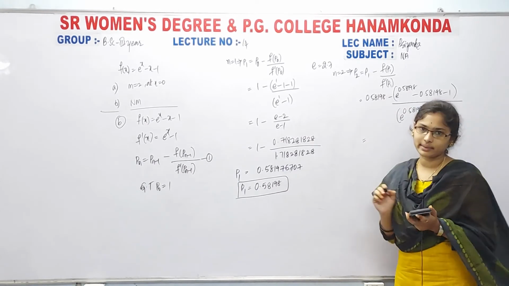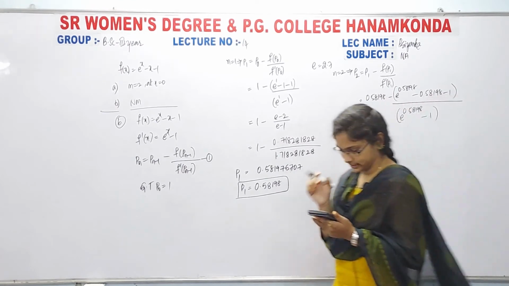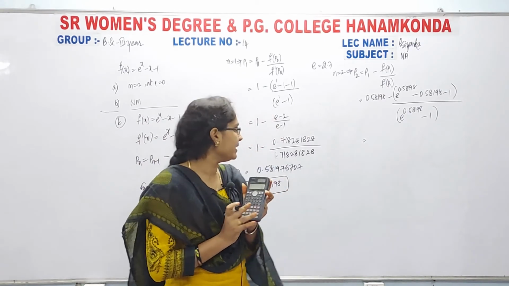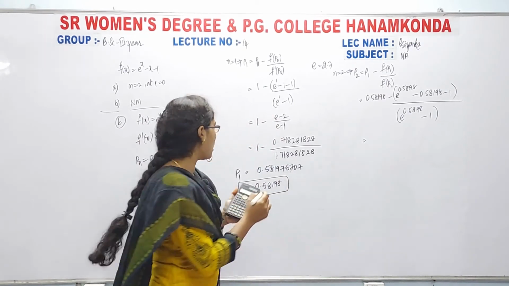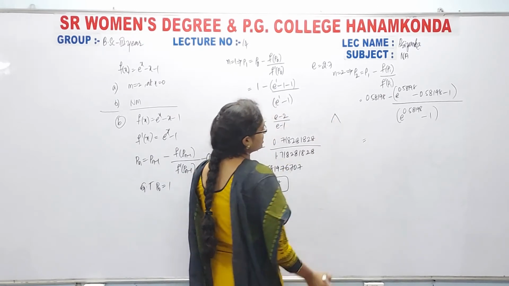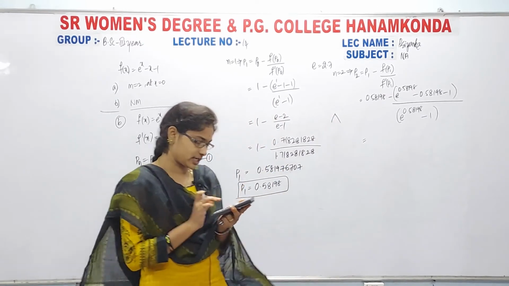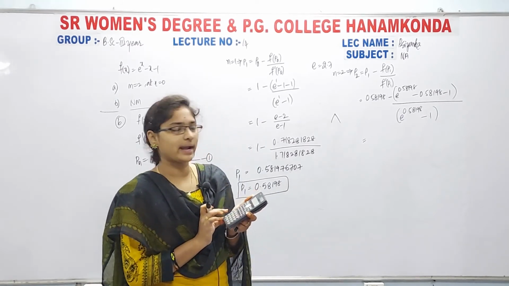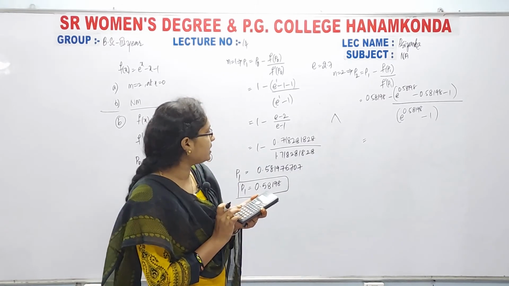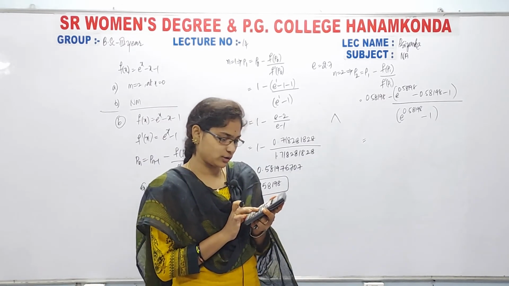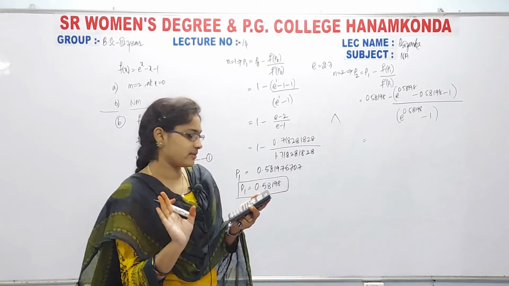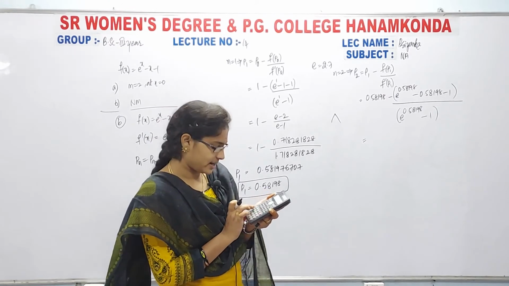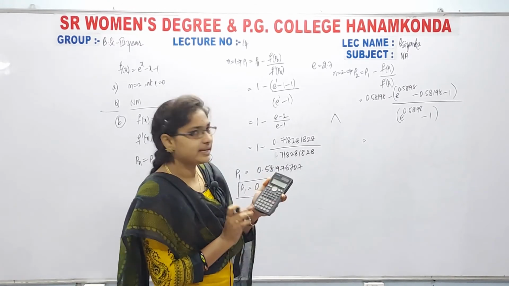Directly here I am calculating: alpha, click on ln, you have e, and for power in the calculator you have one button like this. Just click on that, and next open bracket 0.58198 close bracket, equal to, then we have some value, minus 0.58198, minus 1 I have.